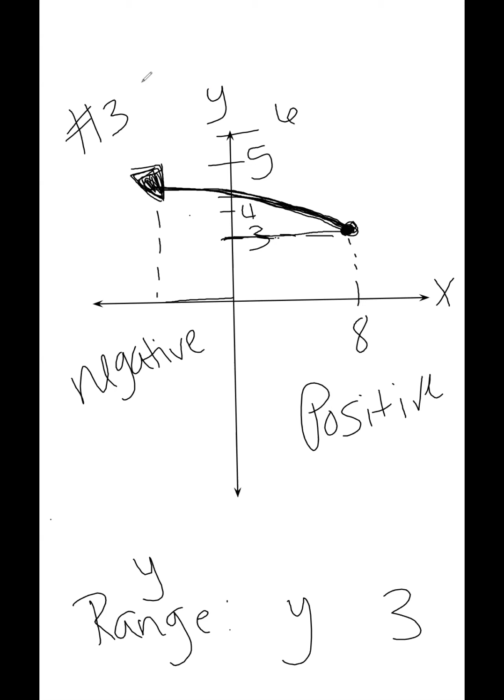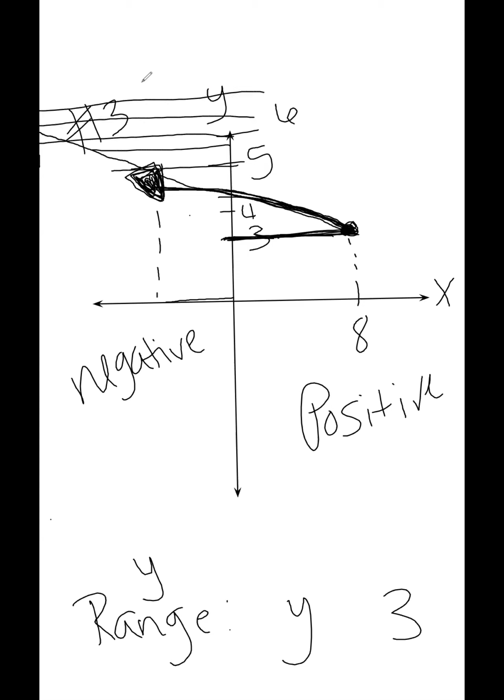So on your range, it was at 3, but then it's going to continue going up because remember that arrow tells you it's going to just keep getting higher and higher, and it's going to go on to infinity. You can crop and see that it's getting higher than 3. So y is greater than or equal to 3.